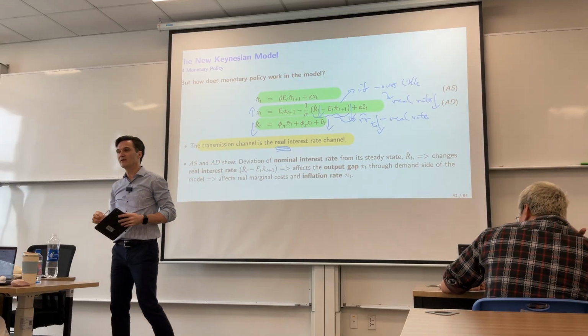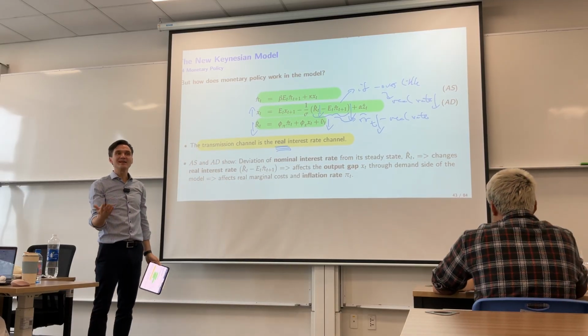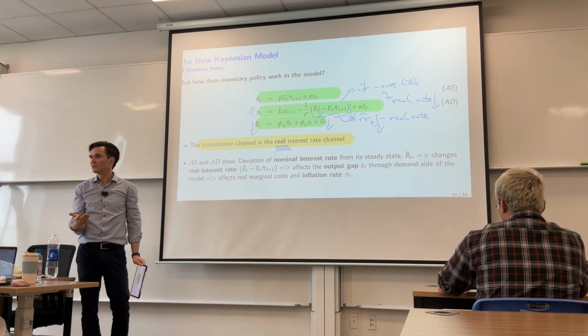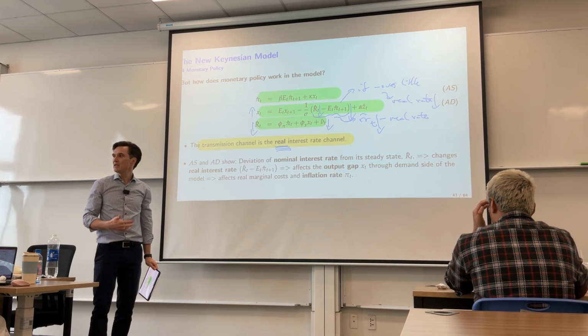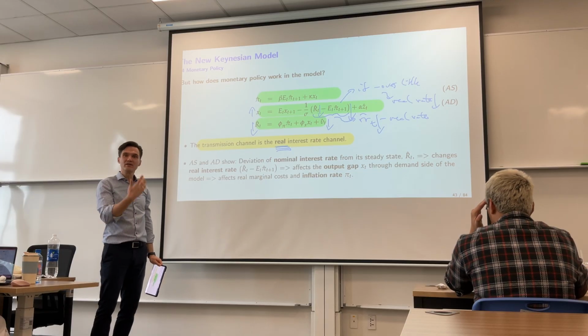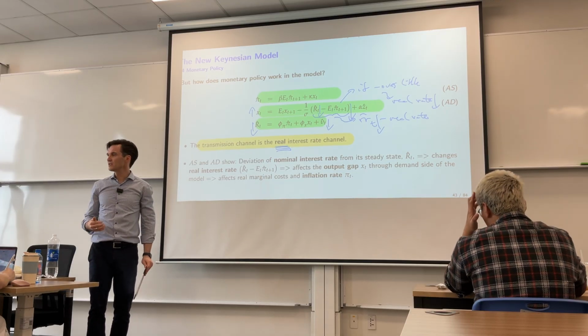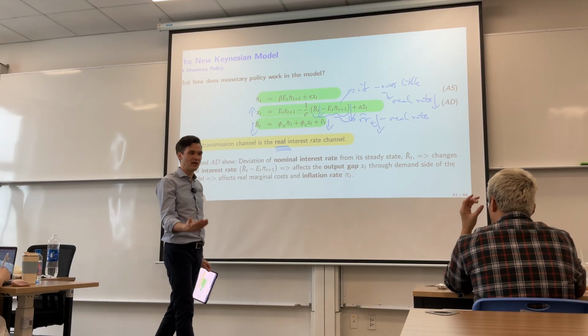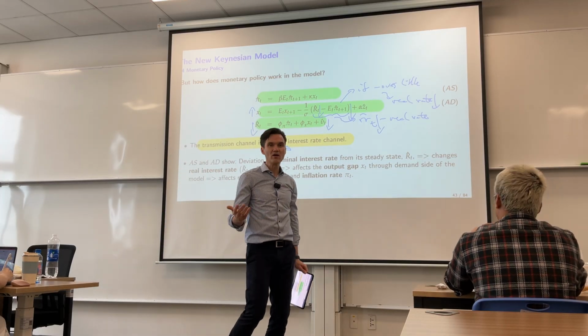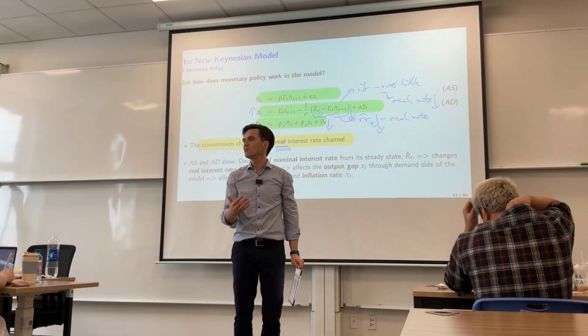The idea is the following: if you cut the real rate, now it's less attractive to save. Every rate of return, you're saving your standard thing, and then all of a sudden the real rate is smaller. Now it's less attractive to save. Every euro or every Vietnamese dong that you're saving yields a lower rate of return, becomes less attractive to save.